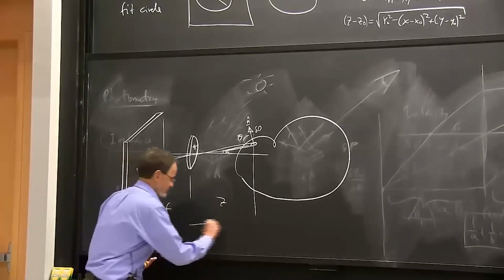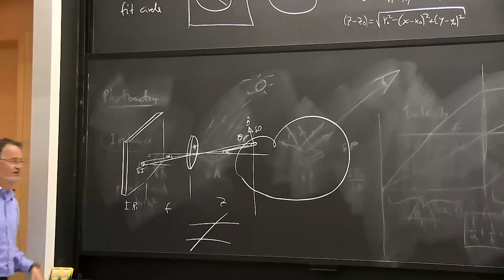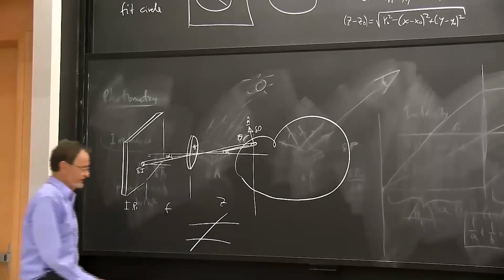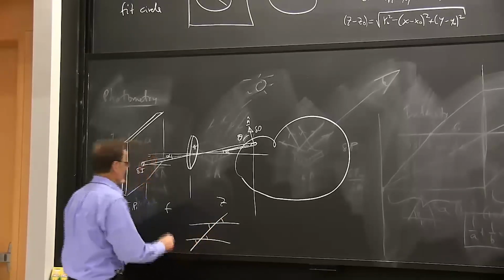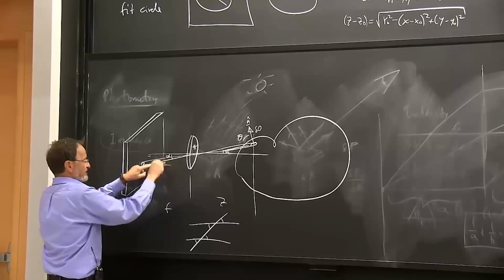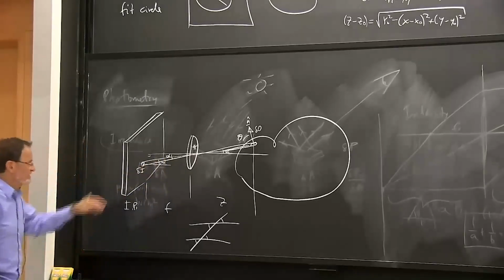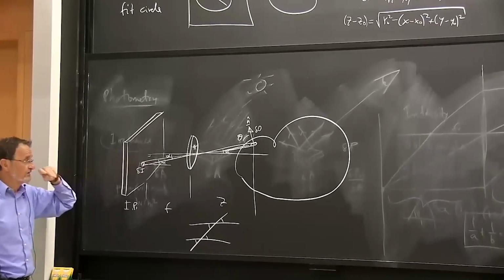So remember that diagram where these angles are the same and these angles are the same. So over here, this angle and that angle are the same. So that alpha affects the incident light onto the image sensor as well.